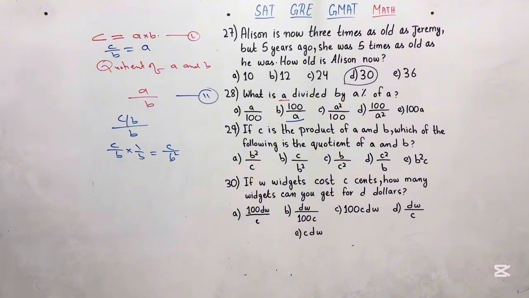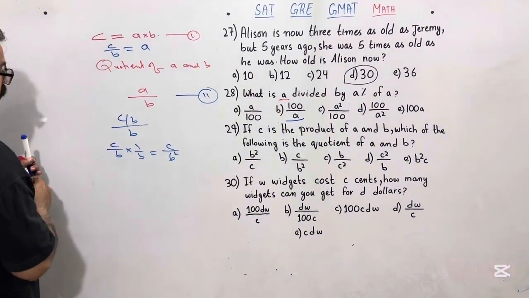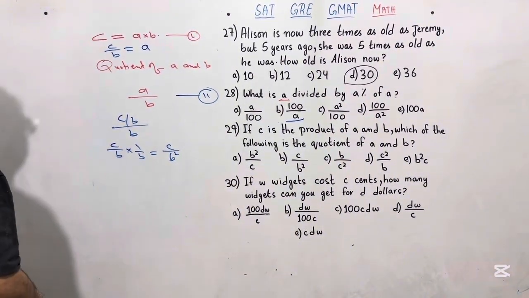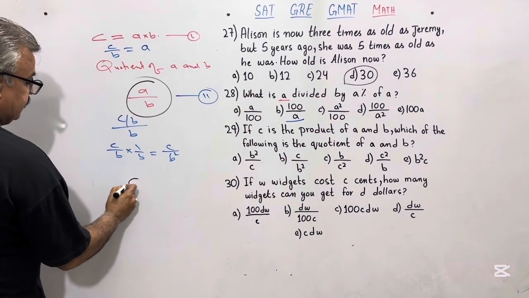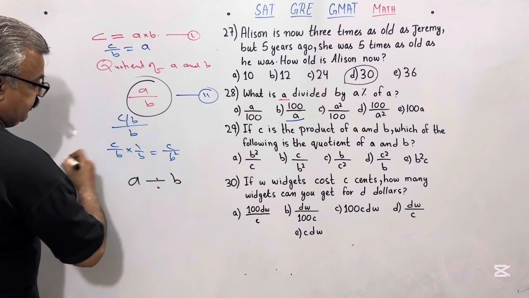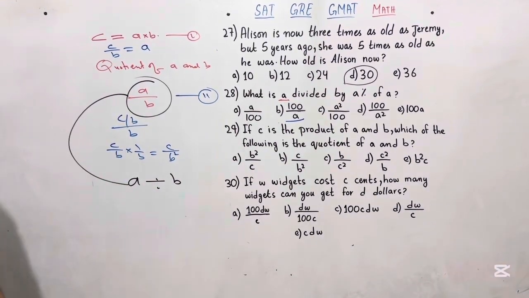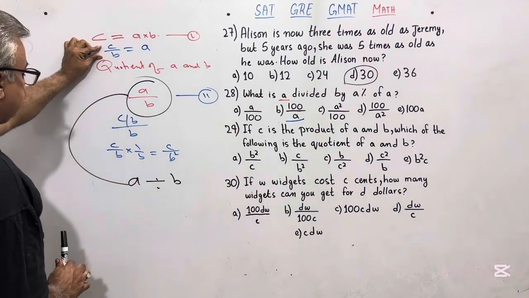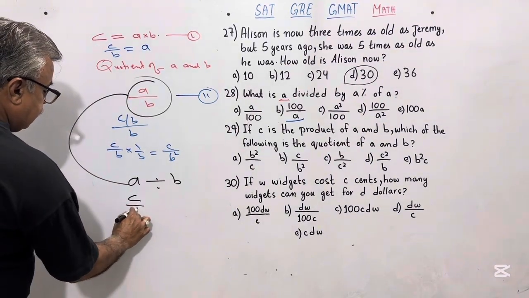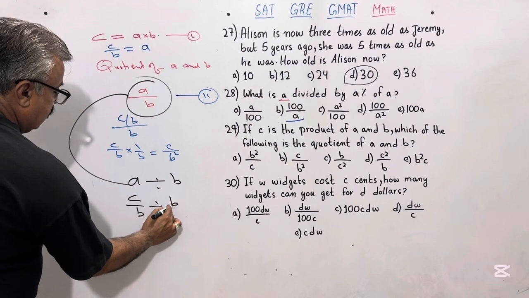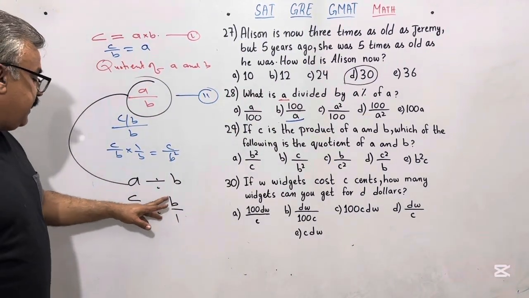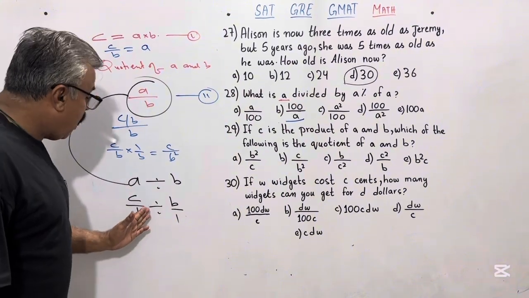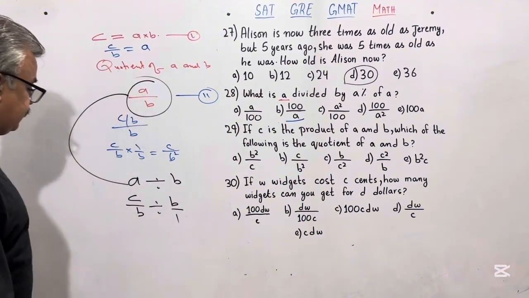If you have a problem with double division, then there is a simple hack for you. This is our original condition. Write this as A divided by B. Plug in the value of A, that is C over B. That is C over B divided by B. For calculation purposes, convert division into multiplication by taking the reciprocal of the term after the division symbol.